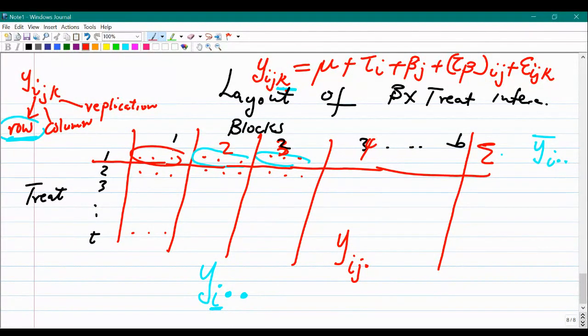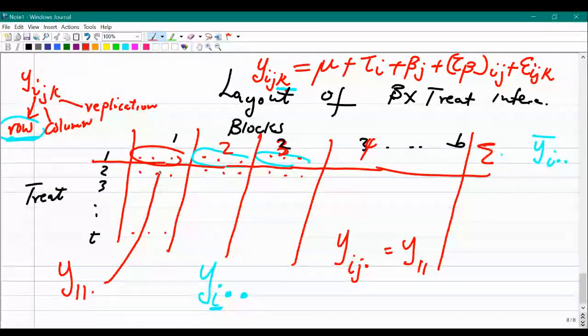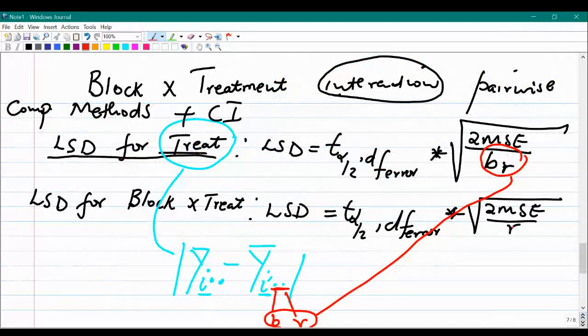When you add these values from the first cell, it will be what? Y_11 dot. What is not there is the replication. So Y_11 dot is the sum for the first cell. What is not there is the K. K goes with the replication. That is why when we write the formula, we divide by what is missing there.